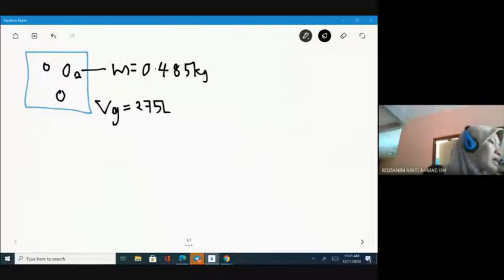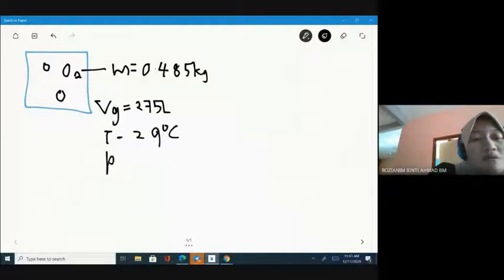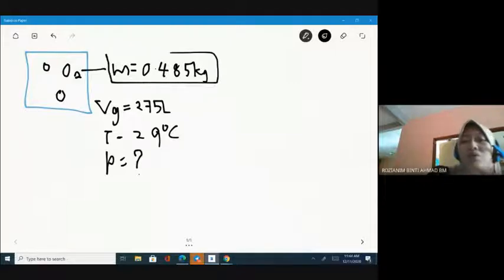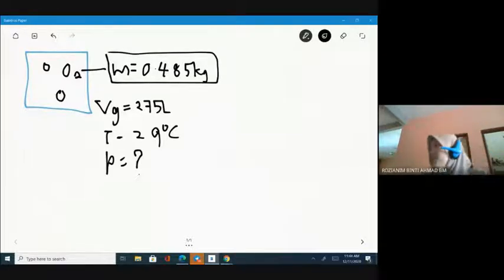At the same time, the temperature of the gas is 29 degrees Celsius. Calculate the value of pressure. So can we use the formula of Boyle's law, pressure and volume? No. Charles's also no. Why no? Because we have another variable, the mass of the substance.